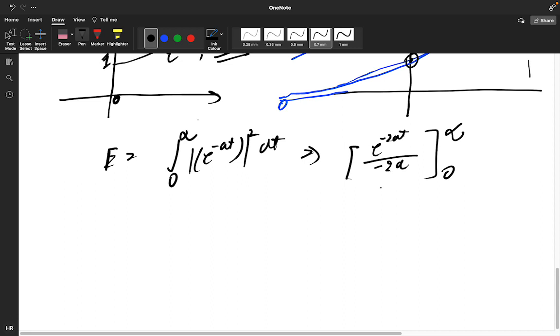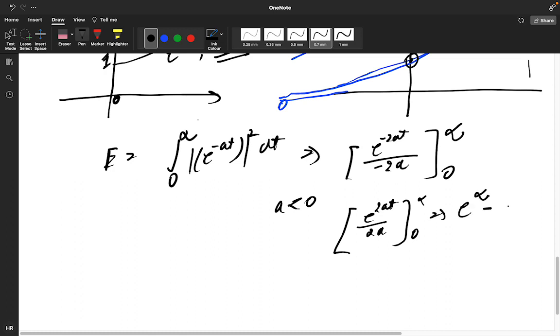So a value is negative, a is less than 0, as you assumed. So the equation will become e power 2at divided by 2a, from 0 to infinity, giving e power infinity minus e power 0, divided by 2a.